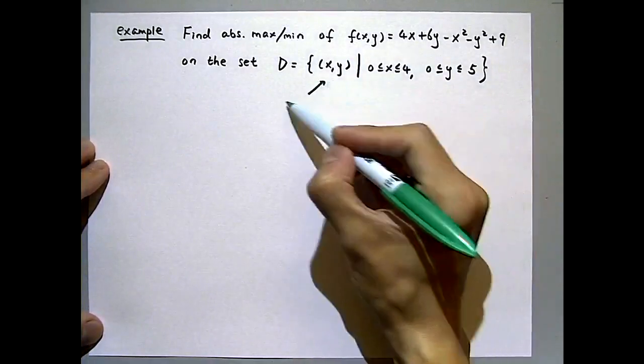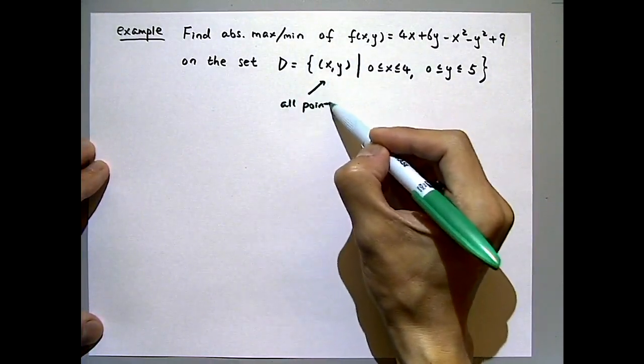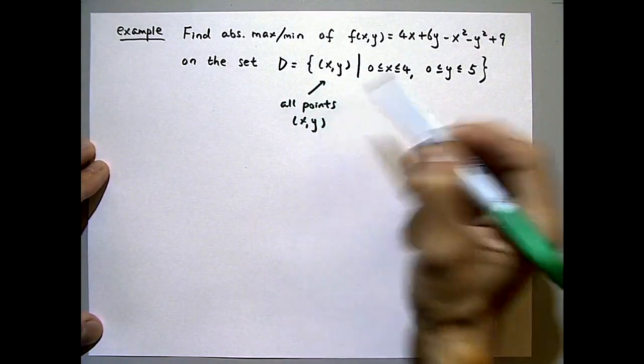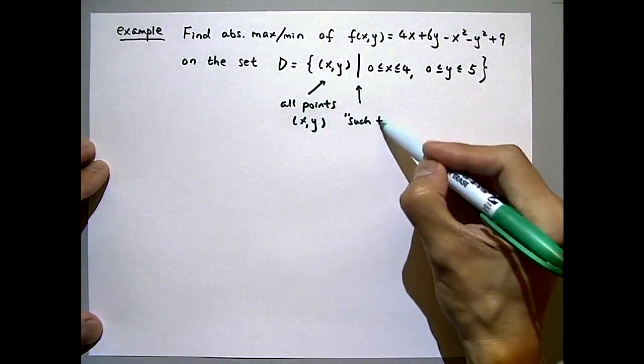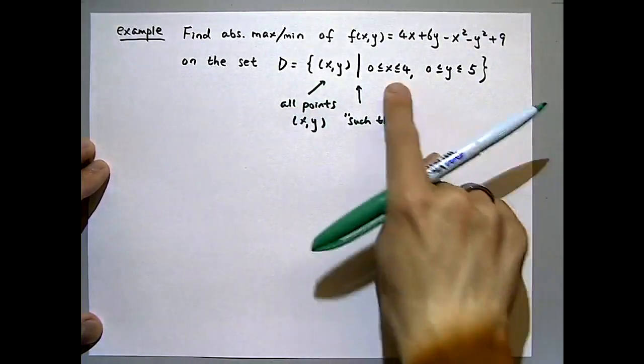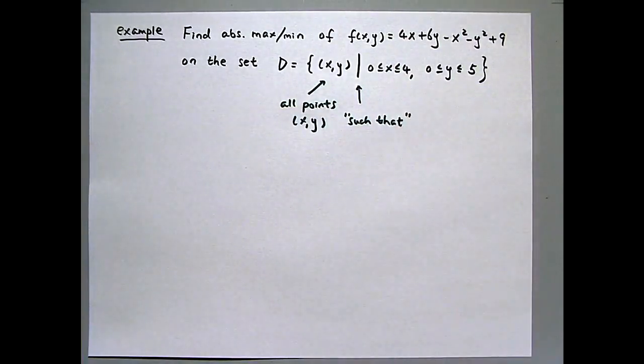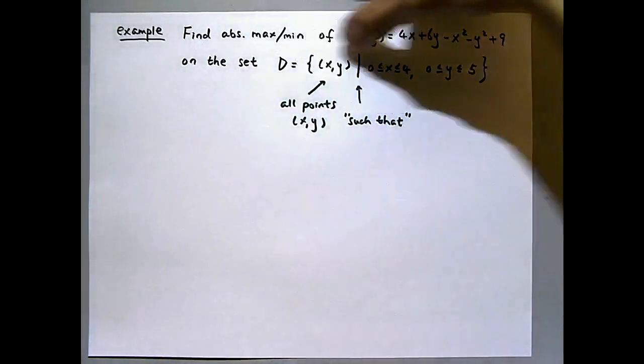So what this means is that all the points x comma y, that straight line in this context means such that, and these two things you know what they mean. We got this surface that's infinitely big, but we're going to just consider a portion of that. Consider the boundary that's set up by this situation here.